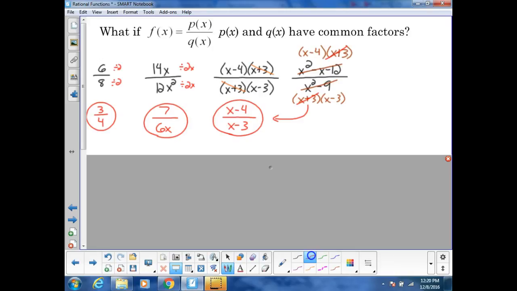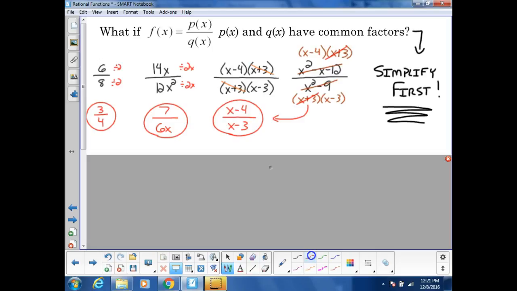So, what if my function has some common factors? What do I have to do first? If I have common factors, I need to simplify first.